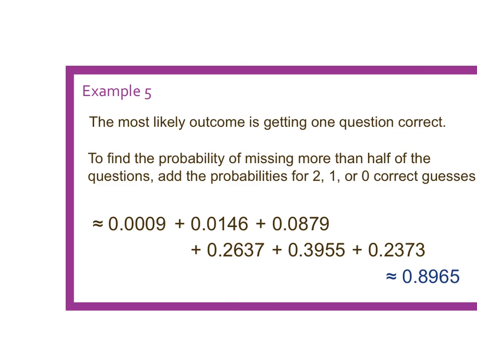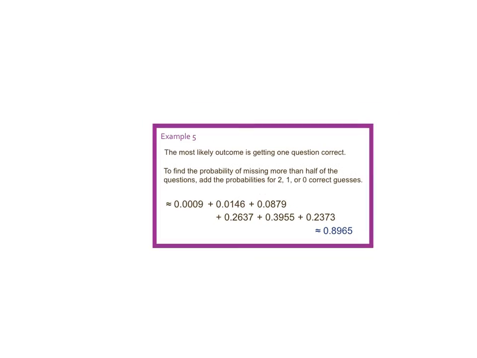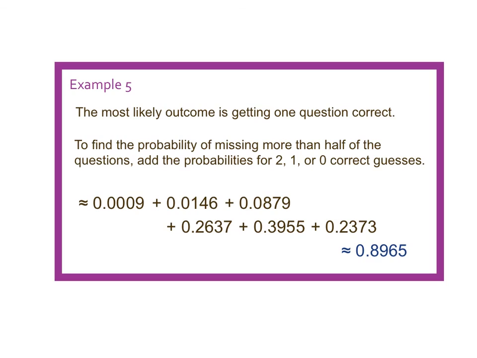Alrighty. The most likely outcome is getting one question correct. We know that because, here's some of the numbers listed out. 3276.